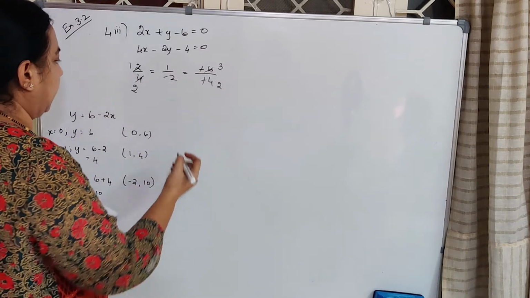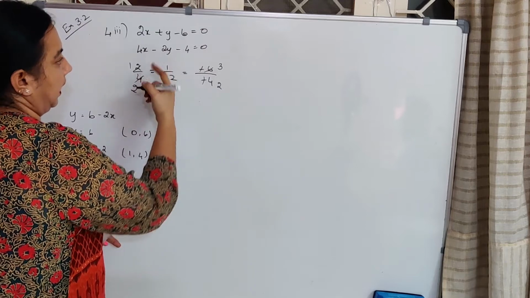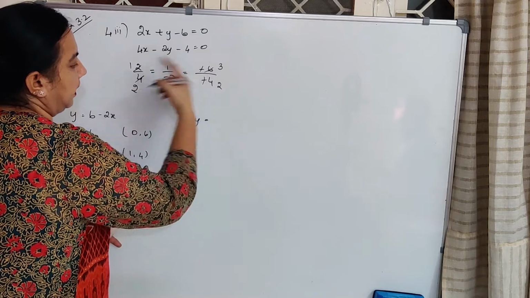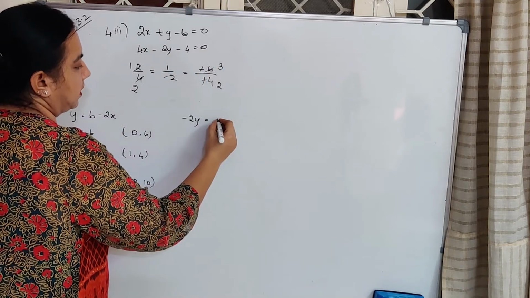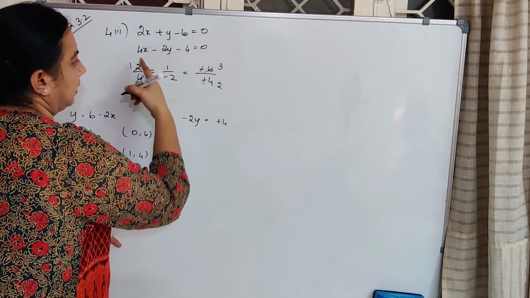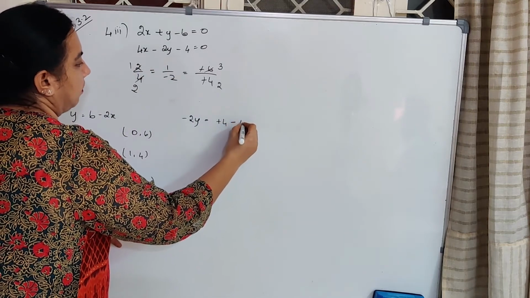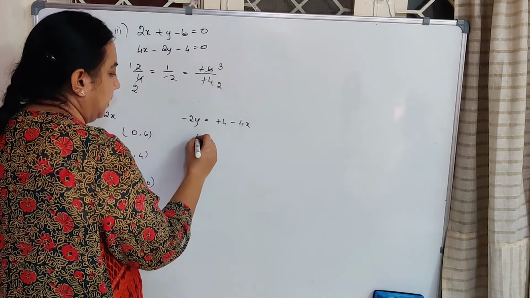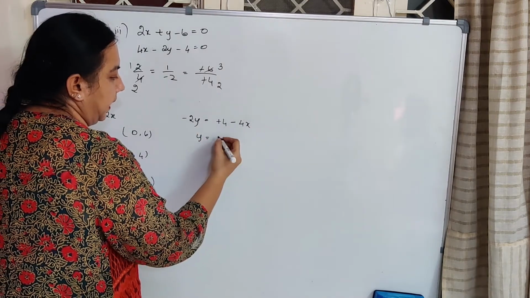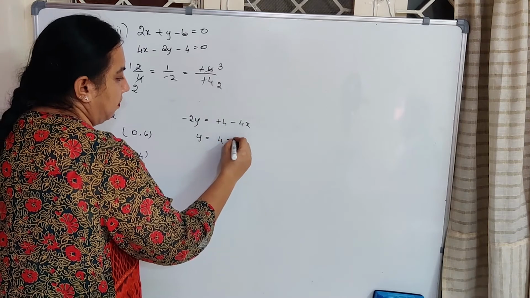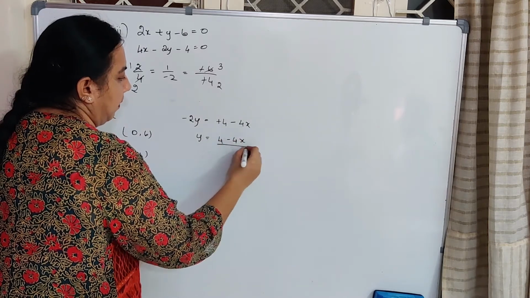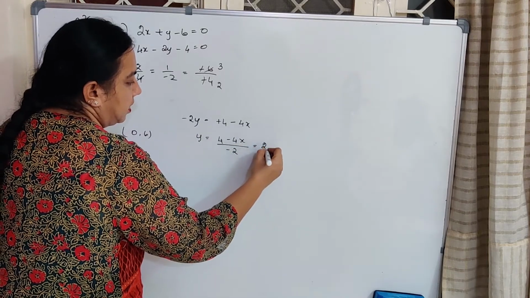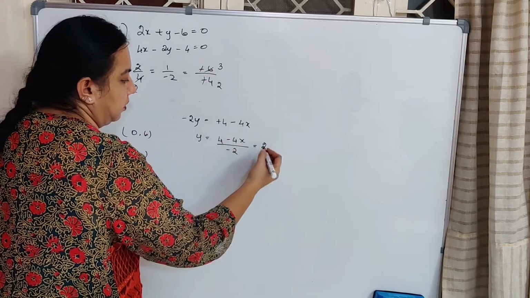I will do the same thing for the second equation also now. Again I will leave minus 2y on the left hand side and take the numbers to the right hand side. Minus 4 becomes plus 4 and this goes as minus 4x. Okay, and I want to remove the minus 2 there. So I will bring it to the right hand side. It becomes 4 minus 4x by minus 2. So when I divide, both the numbers I am dividing by 2.